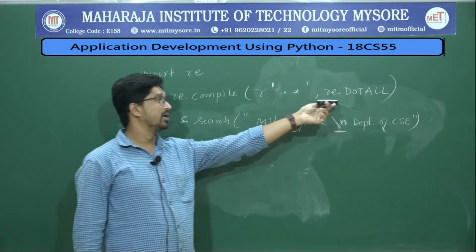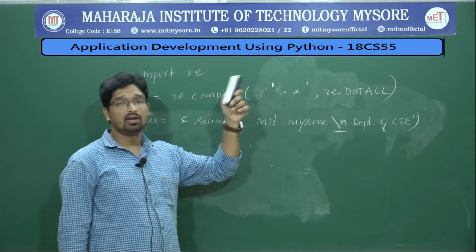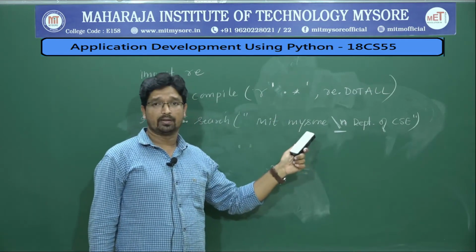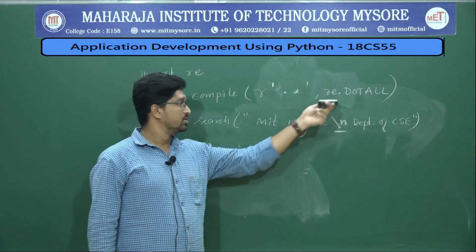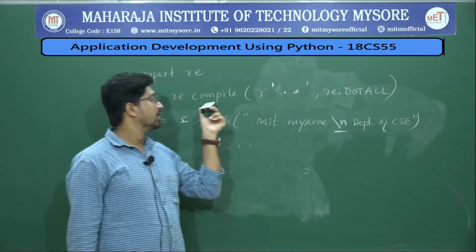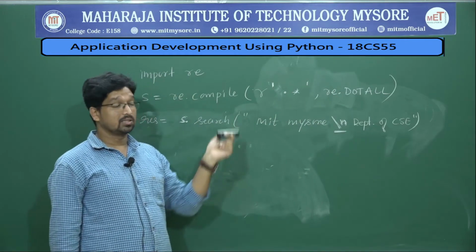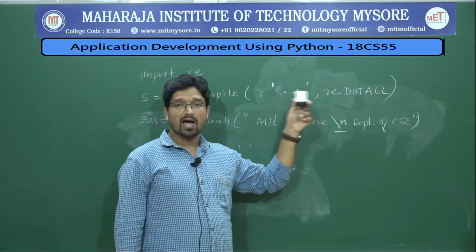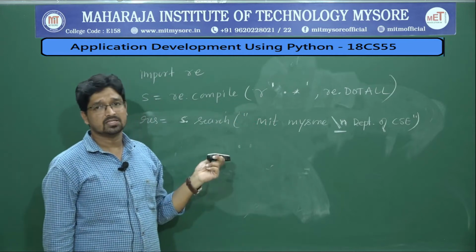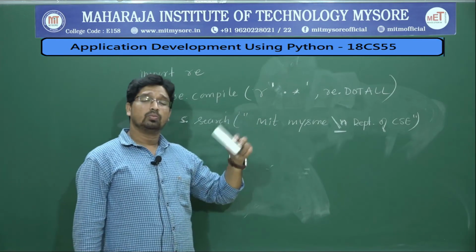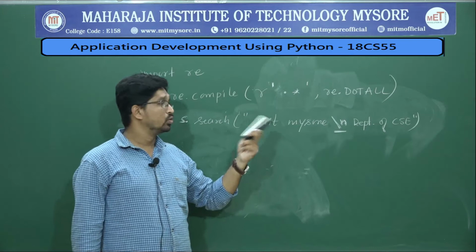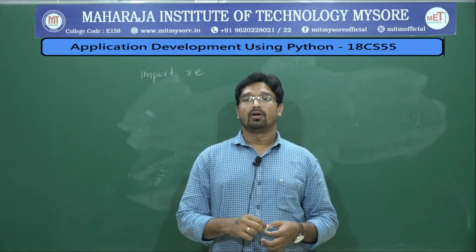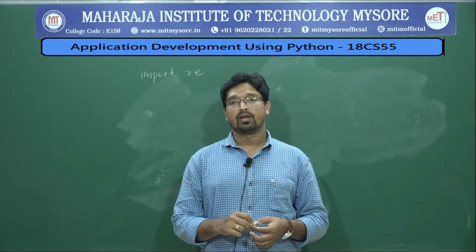If you pass this particular parameter, then your dot star will match all the characters including the newline character. This is the extra parameter we pass during compilation. In the previous example we passed re.I to ignore the cases.